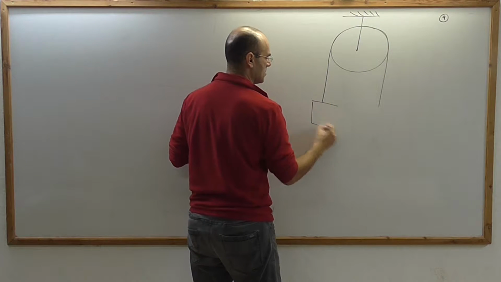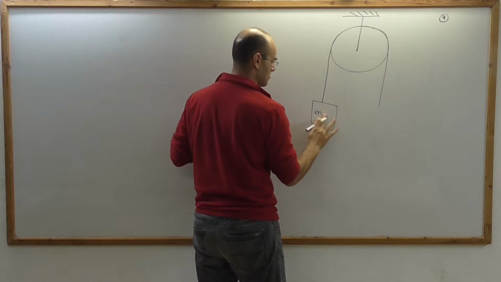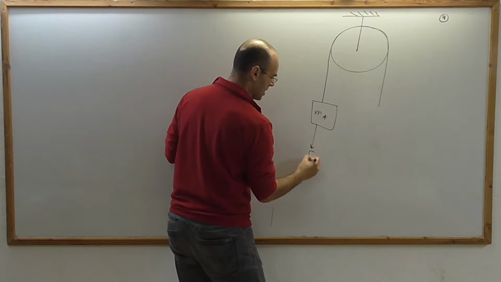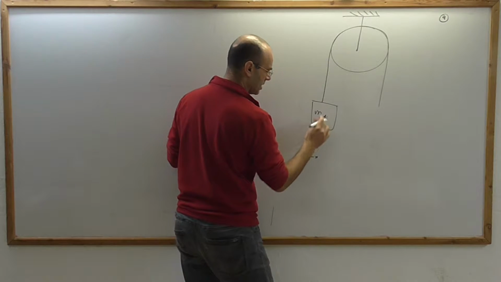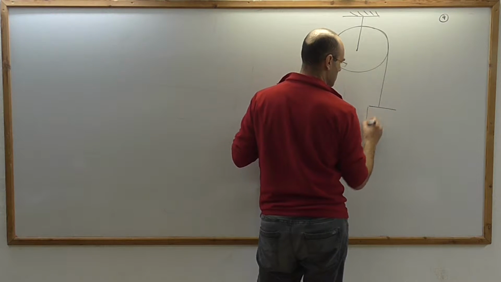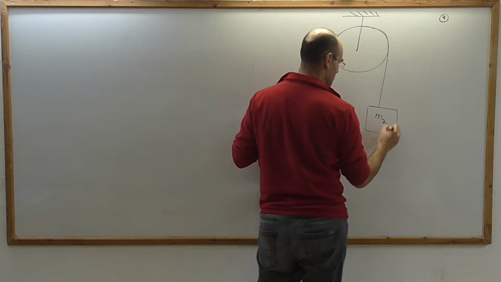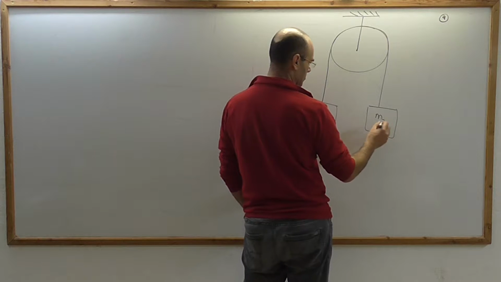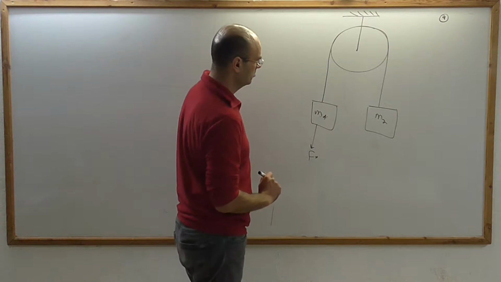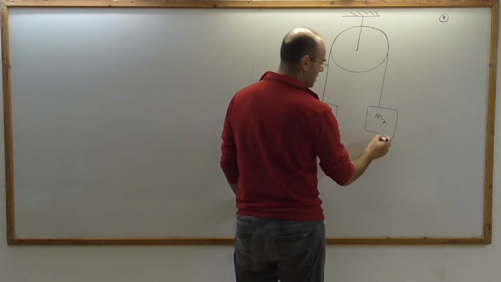Okay, this is M1, I pull it down by F equals, I don't know, this is M2, I pull it, okay, like that.